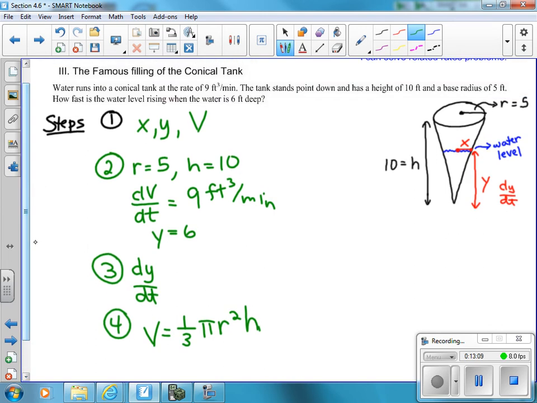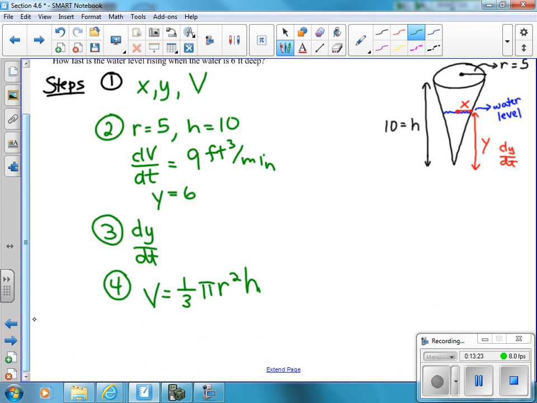Well, we also know that we have h and r relating to x and y. So we're going to do a little fancy magic with that as well. We can set up a ratio with r to h is equal to x to y.